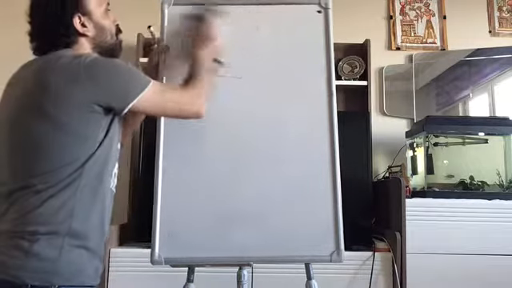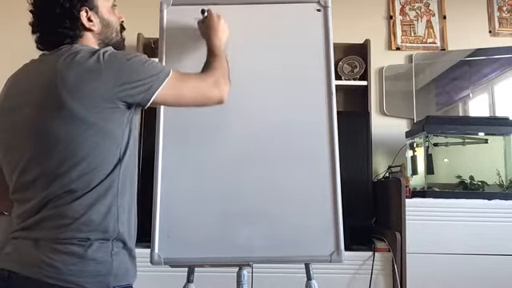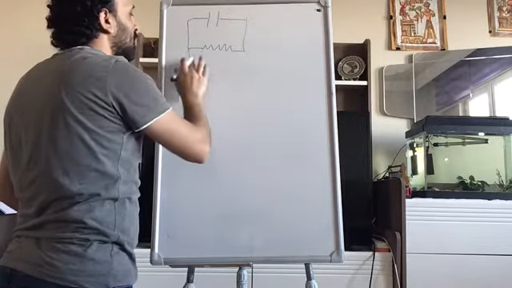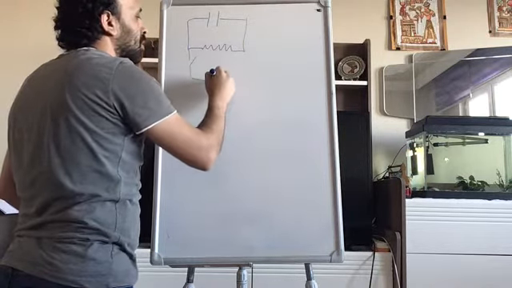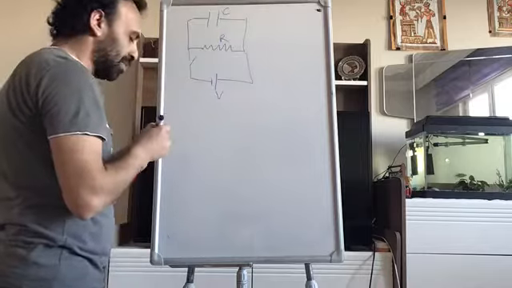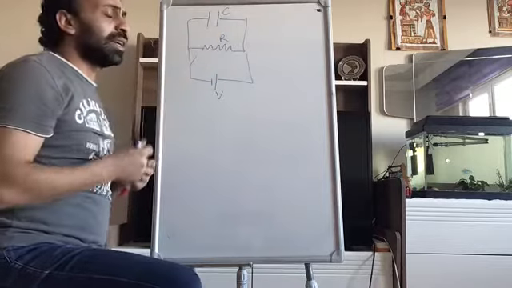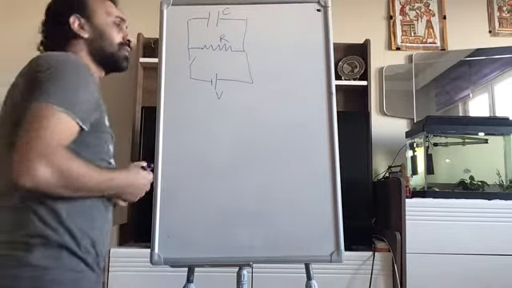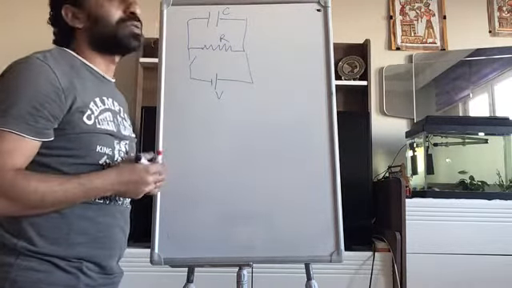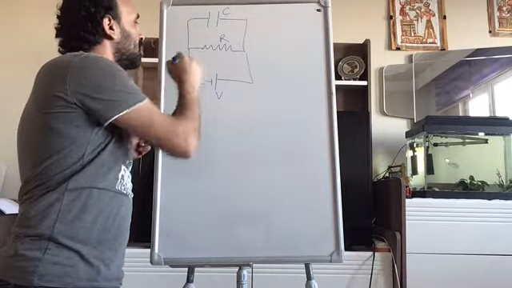So if we connect the capacitor here, let's keep a resistor in the circuit. This is the resistor, this is the capacitance, and this is the power supply. So if we have a capacitor in the circuit, how does this capacitor behave? First, we need to know if this capacitor is empty or full when it is connected to the circuit. So actually, we need to turn on the switch.